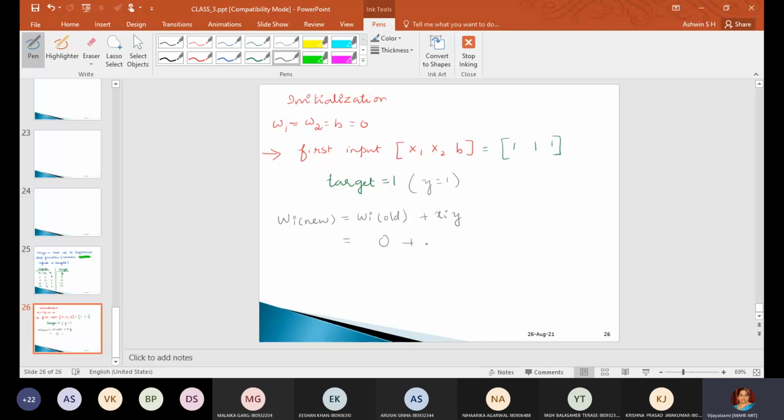Here x1 is 1 and y is 1, so this is 0 plus 1 into 1, which is nothing but 1. So W1 new is 1. Similarly, you calculate W2 new.